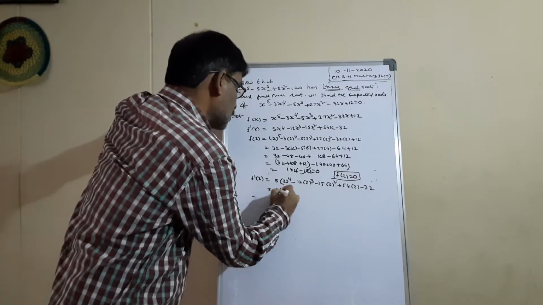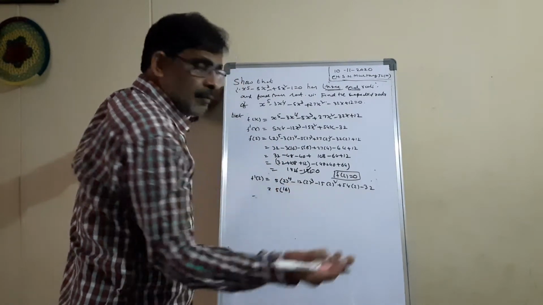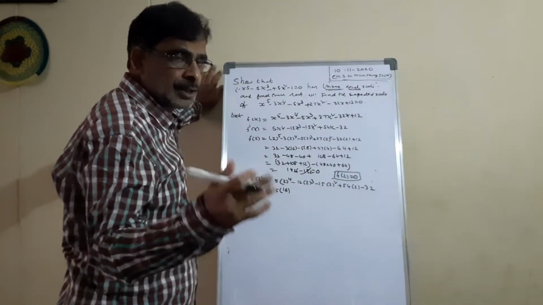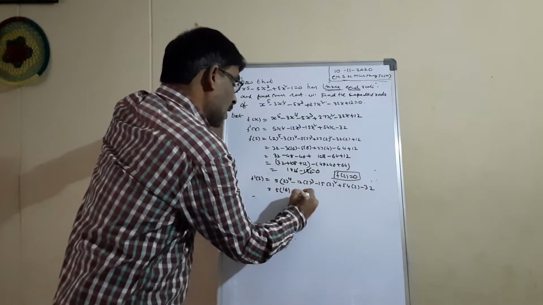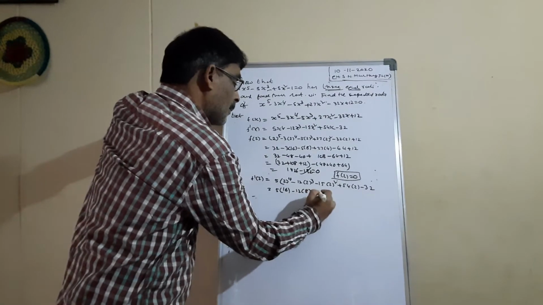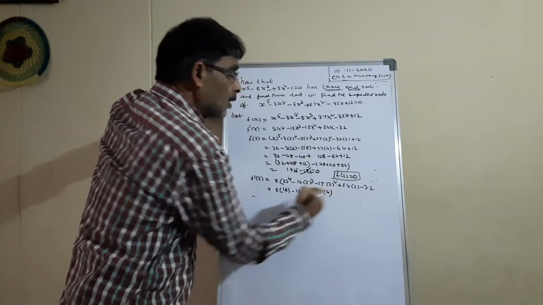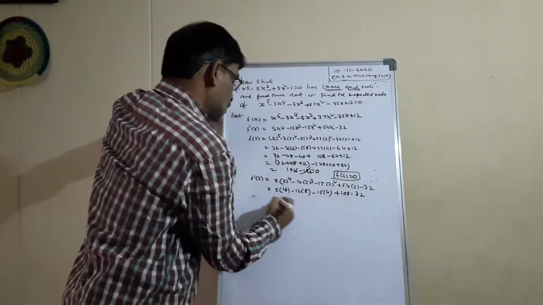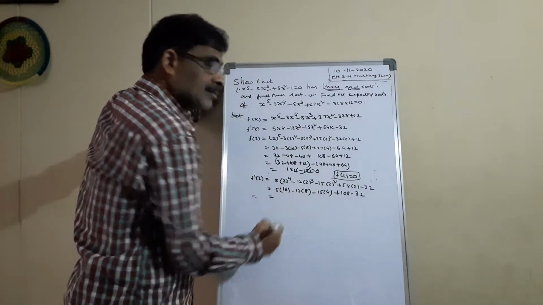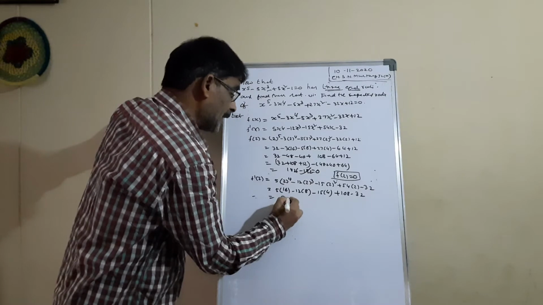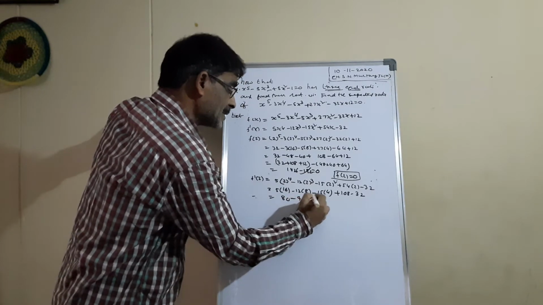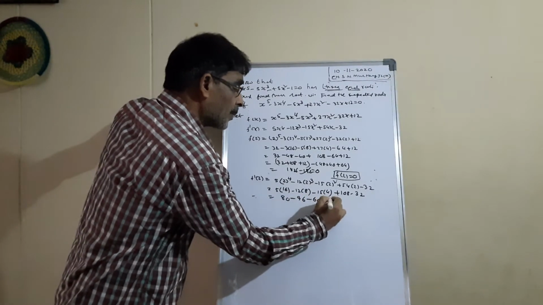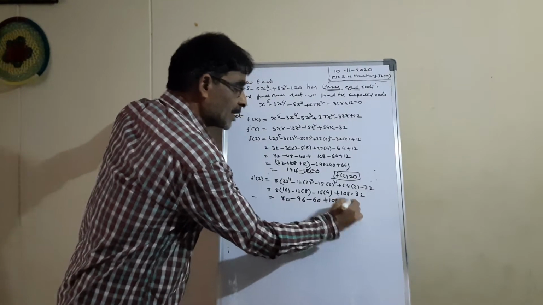Here 5 into 2 to the power of 4 means 2 into 2 into 2 into 2, which is 16, and 5 times 16 is 80, minus 12 into 8, minus 15 into 4, plus 54 into 2 which is 108, minus 32. So 80 minus 96 minus 60 plus 108 minus 32.